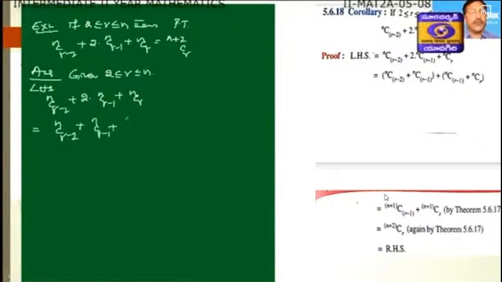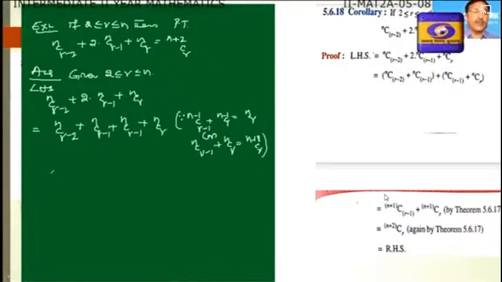We split 2 into nCr minus 1 as nCr minus 1 plus nCr minus 1. Now according to this formula we have just learned, n minus 1 Cr minus 1 plus n minus 1 Cr is equal to nCr, or we have learned the theorem in this form: nCr minus 1 plus nCr is equal to n plus 1 Cr.